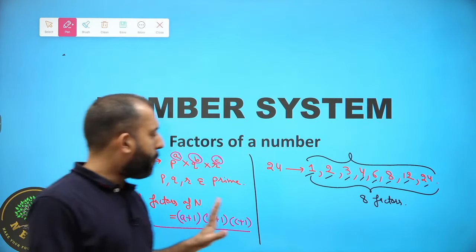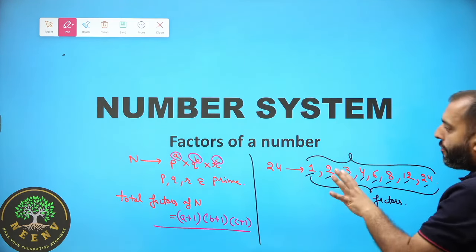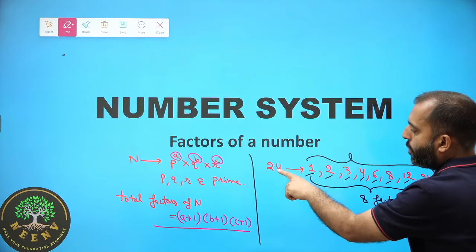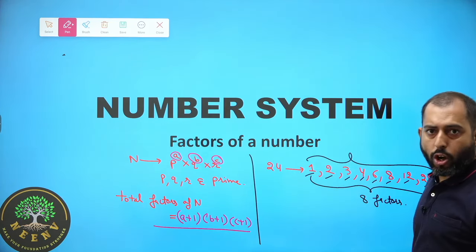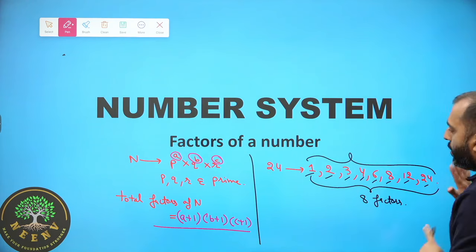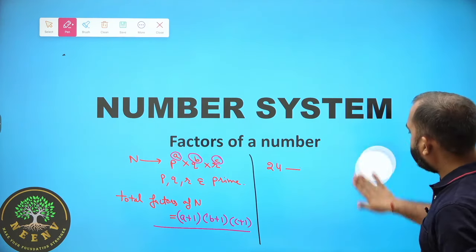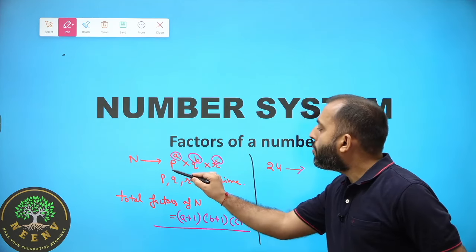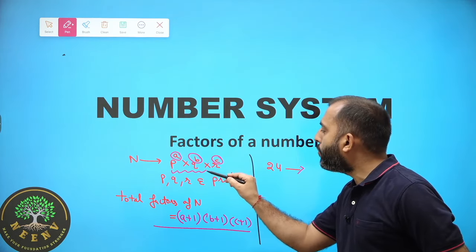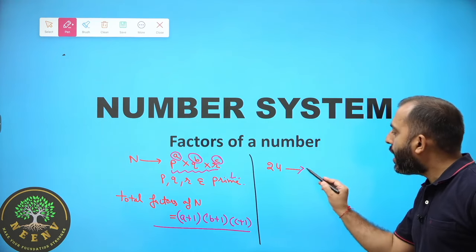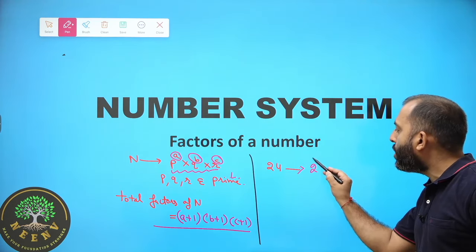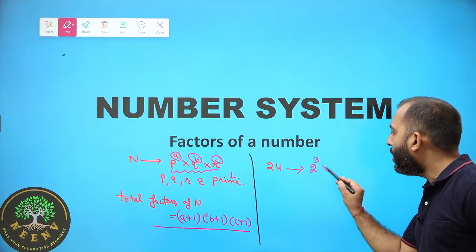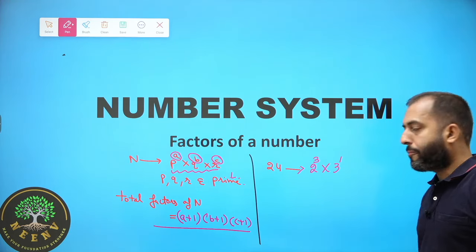Now let's try to find all the factors of 24 with the help of this shortcut. The first thing is we have to factorize 24. If you factorize 24, it comes out to be equal to 2 power 3 into 3 power 1.